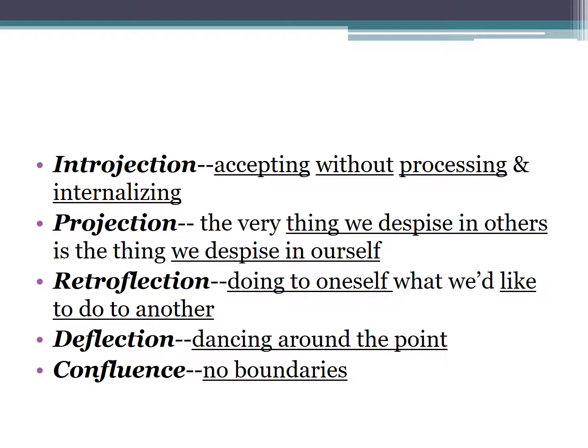Projection. The very thing we despise in others is the thing we despise in ourselves. Retroflexion. Doing to oneself what we like to do to another. Deflection. Dancing around a point, avoiding it. And confluence. Having no boundaries.